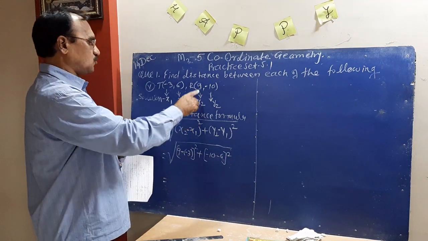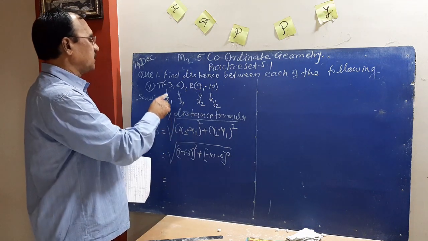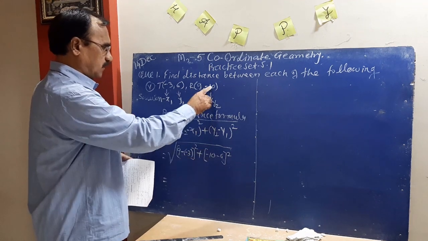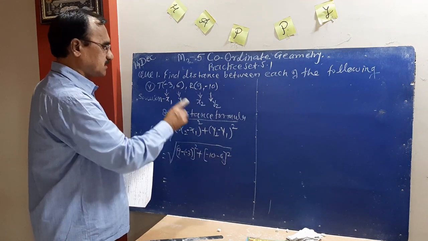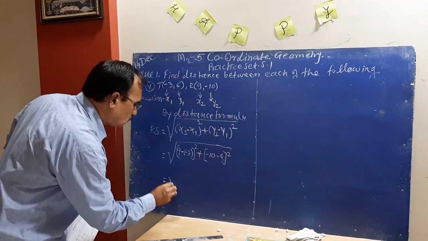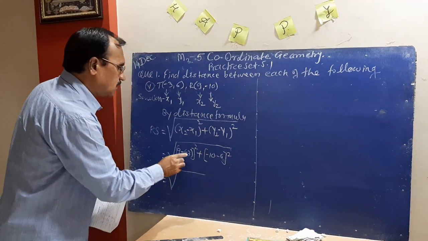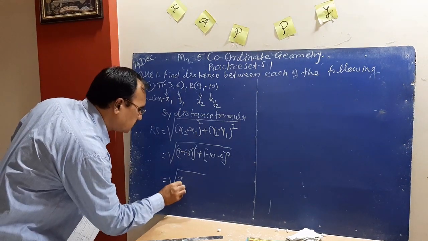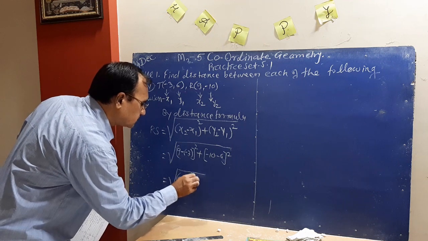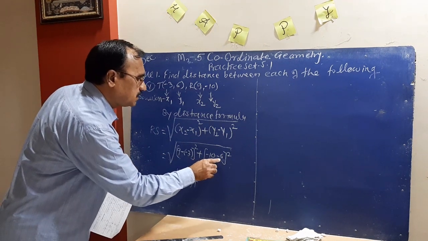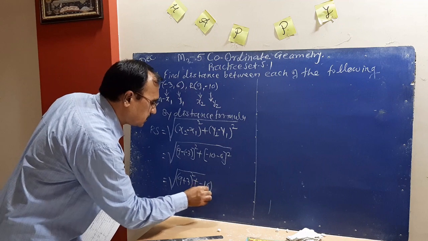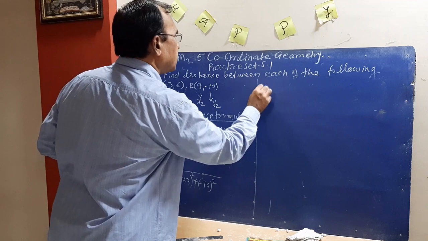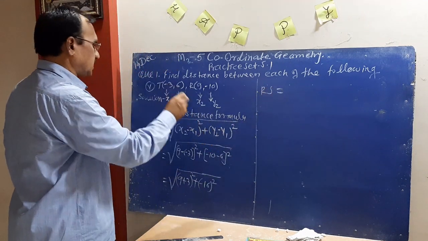See again, x2 is 9 and x1 is minus 3, 9 minus (minus 3) whole square, plus y2 minus 10 and y1 is 6, minus 6, whole square, is equal to under root. If we open the bracket, then minus minus becomes plus: 9 plus 3, then minus 10 minus 6, minus 16, whole square.